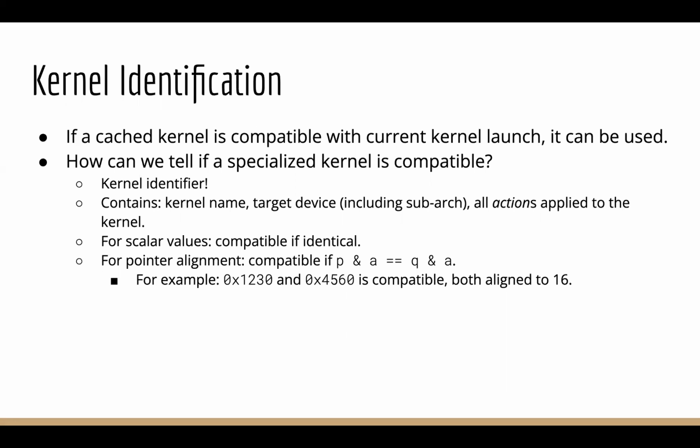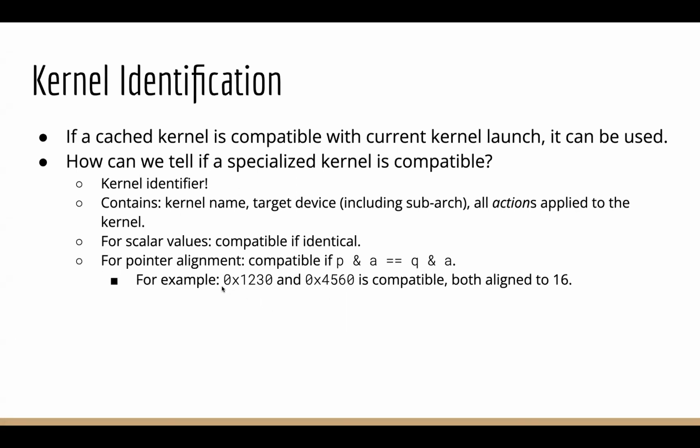For scalar values, if the values are identical, then the two kernels are compatible. But for a pointer argument, with pointer alignment, if P is the value of the pointer and A is the alignment, and P equals Q modulo A, it is compatible.